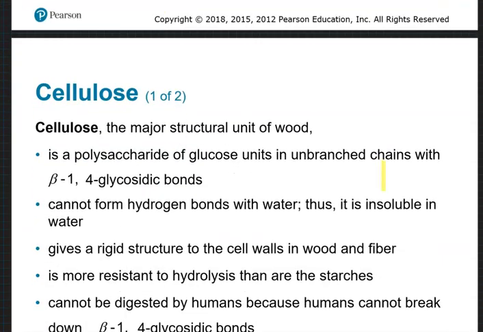Why I paid so much attention to the fact that in the molecule of amylose, or in the molecule of maltose, two glucose residues are connected to each other by alpha 1,4 glycosidic bonds.